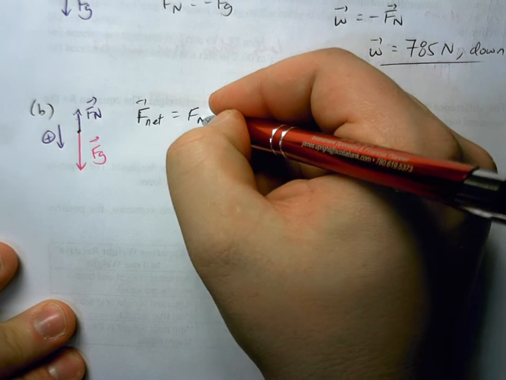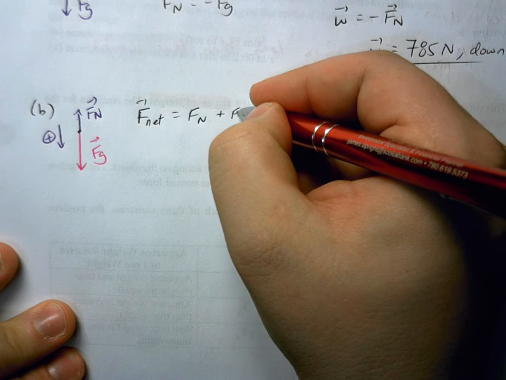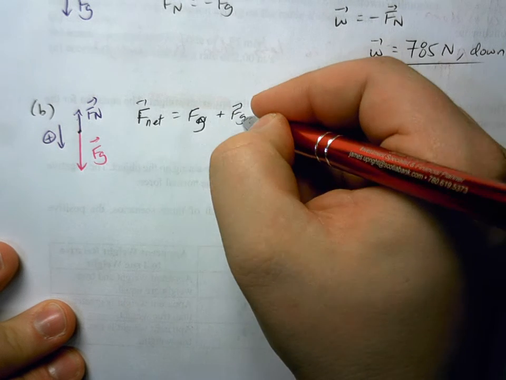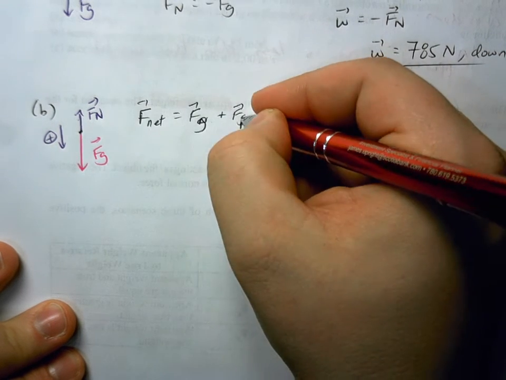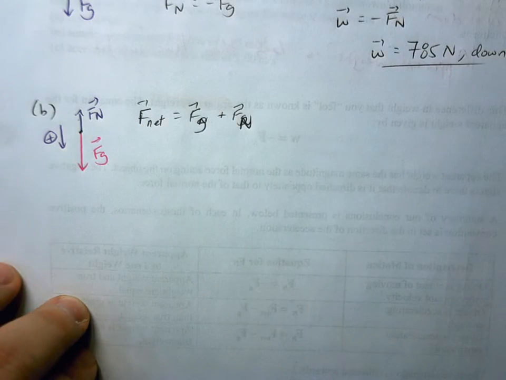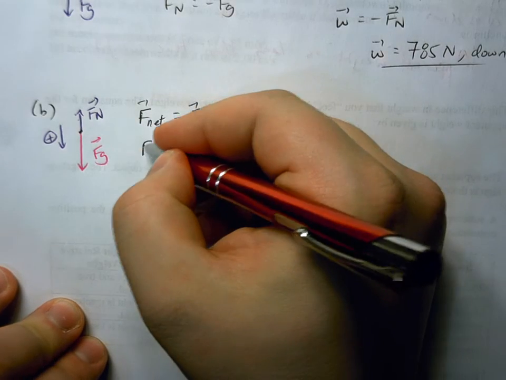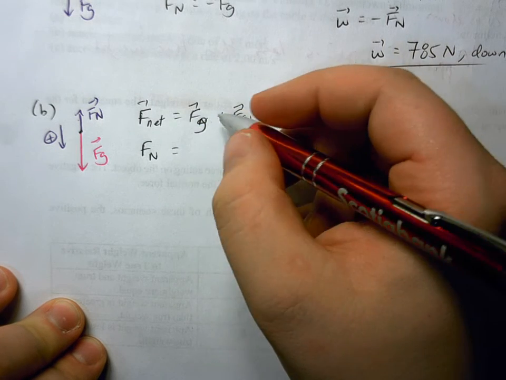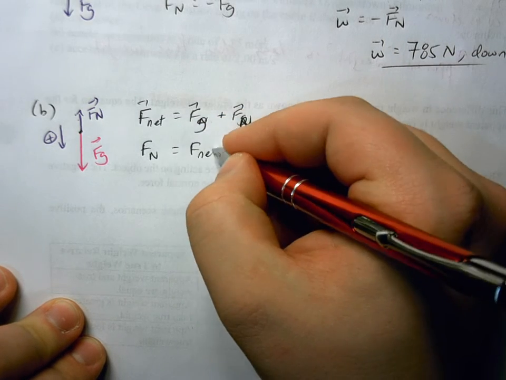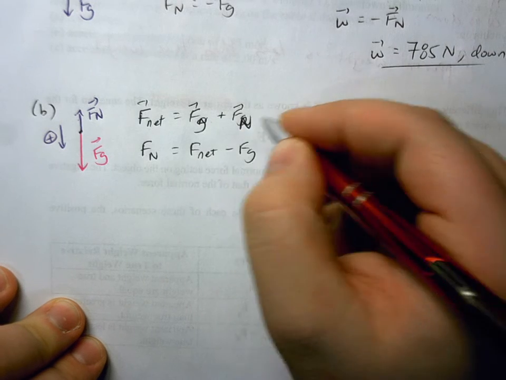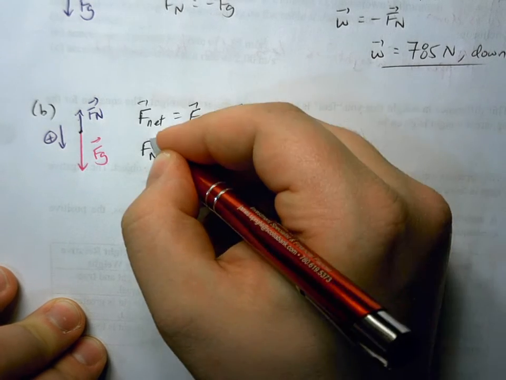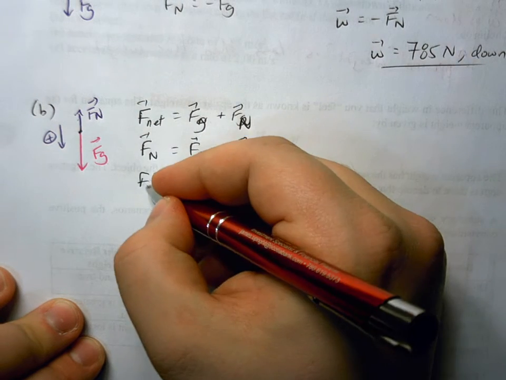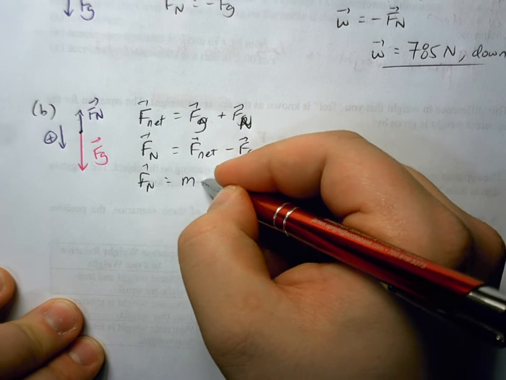It's going to be Fg plus Fn. Order actually doesn't matter. So again, we want Fn, so Fn is going to be this net force minus Fg, or Fn is going to be ma minus mg.